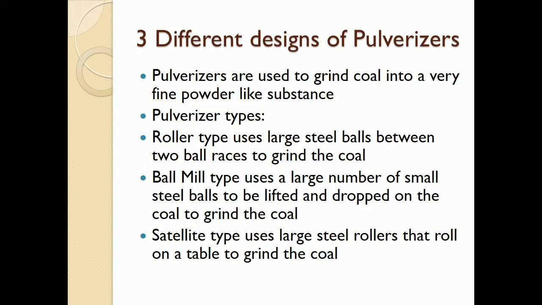The ball mill type, that uses a large number of small steel balls to be lifted and dropped on the coal to grind the coal. And 3. The satellite type uses large steel rollers that roll on a table to grind the coal.